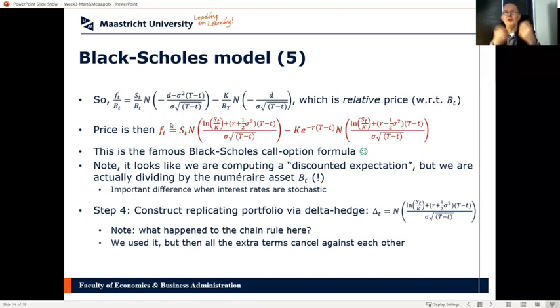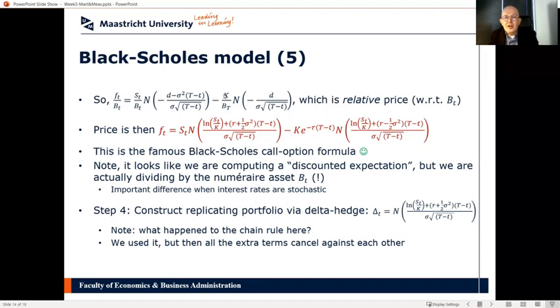And of course, if you want a price, you want something in euro terms. So to get the price in euros, you need to multiply both sides by B of small t. If you multiply by B of small t, then that cancels this term here.